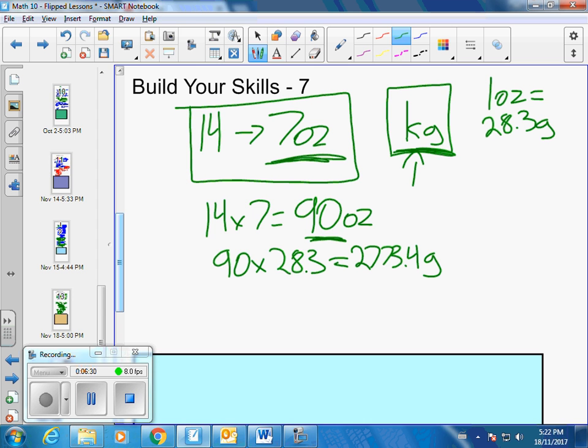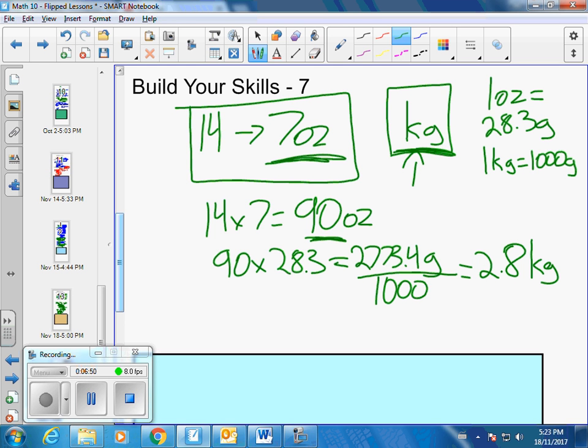The problem is, I still need this in kilograms. So I divide this number by 1,000, because 1 kilogram equals 1,000 grams. And I find that my answer is roughly 2.8 kilograms. It looks like they rounded the 7 up in order to get 2.8.